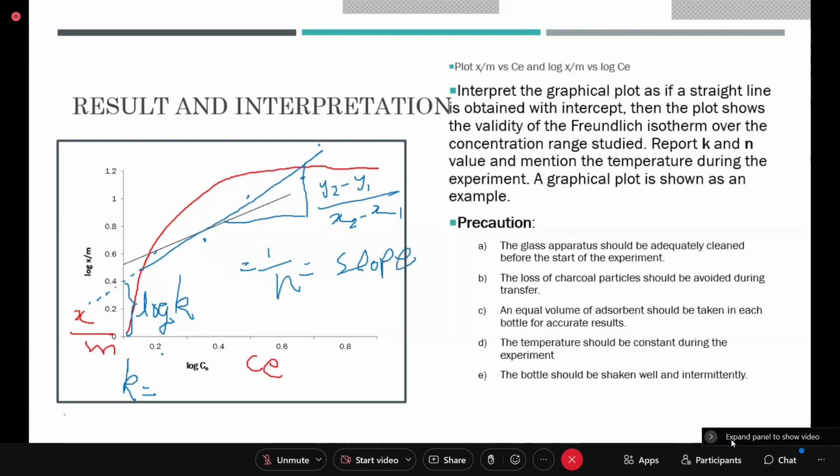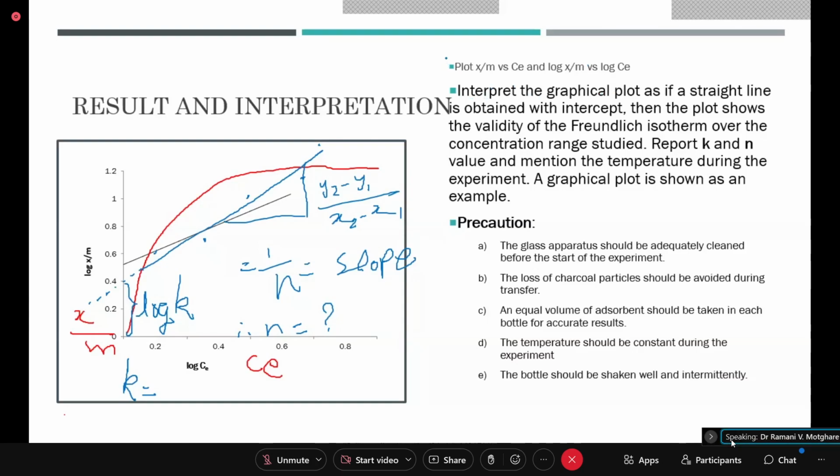Therefore n will be the reciprocal of that, so you will determine the n value. Then you write your result as, that is what is written here.